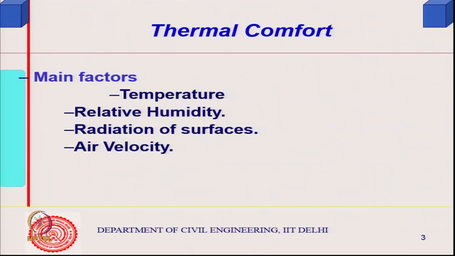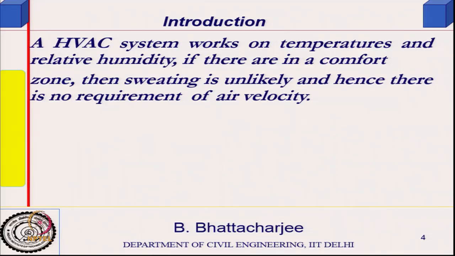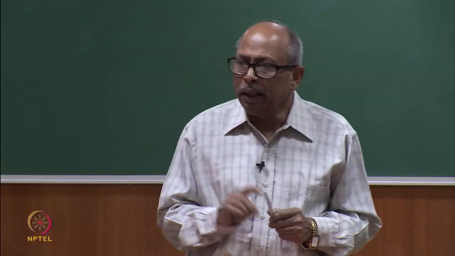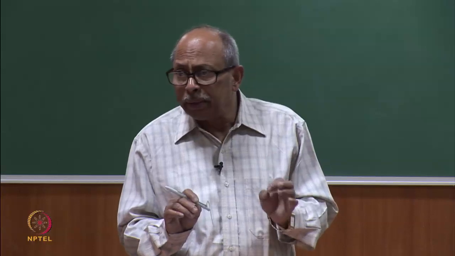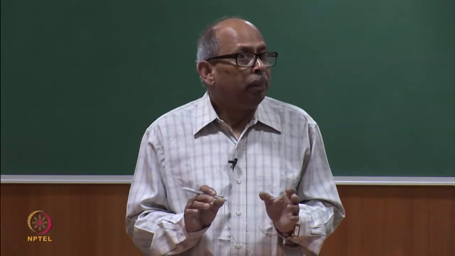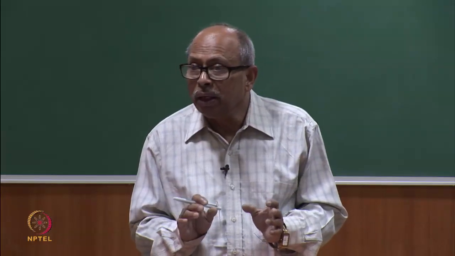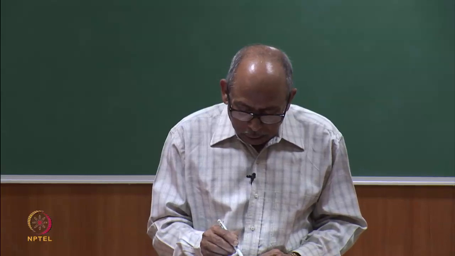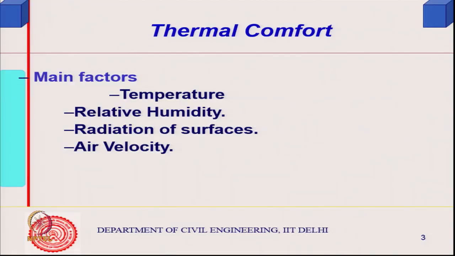However, in our case this may not be very important, because we maintain appropriate temperature and relative humidity within a given range, as we said, the operating differential of the control variable in a control system.